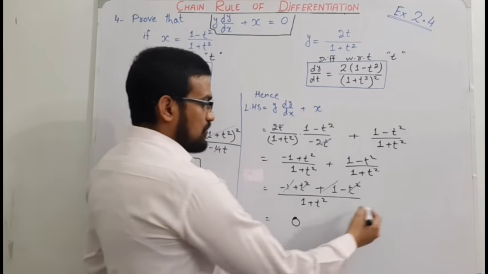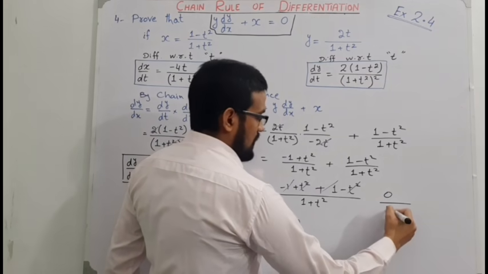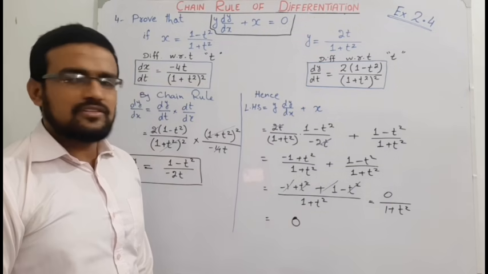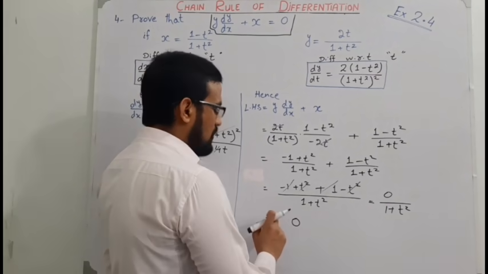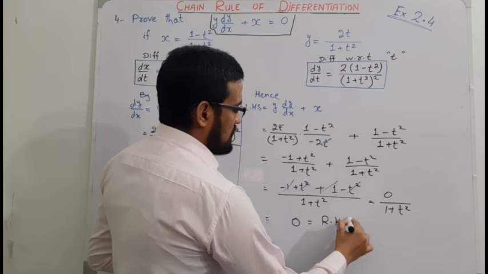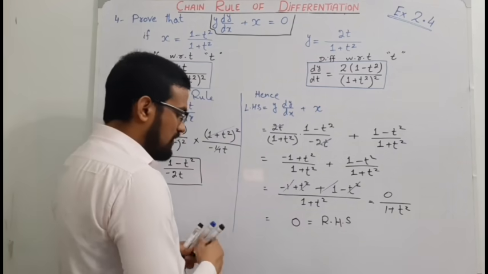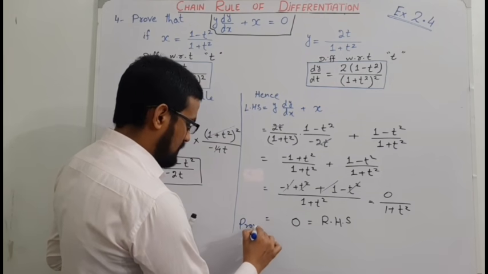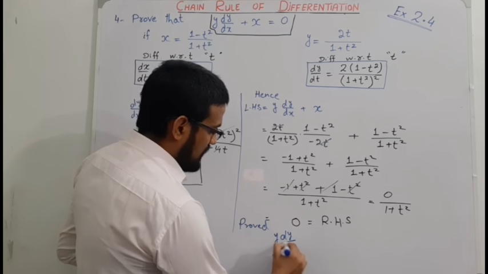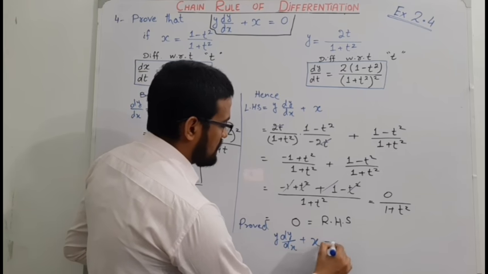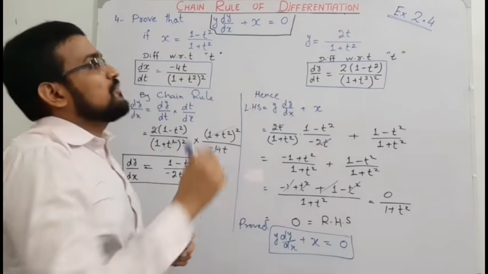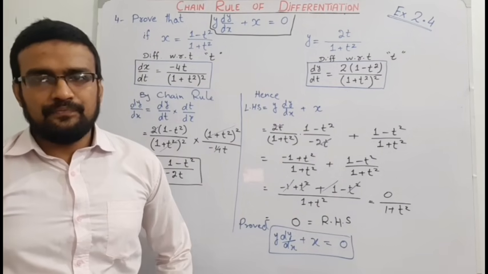Okay, because 0 divided by any variable or any expression becomes 0. This is the final result which is equal to the right hand side. Okay, hence proved: y into dy over dx plus x is equal to 0 for these parametric equations.